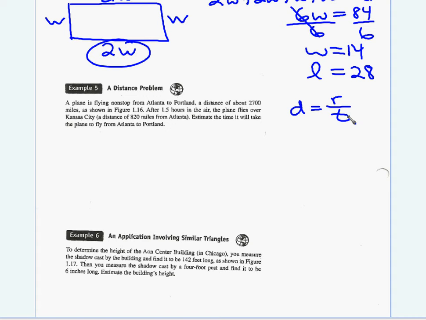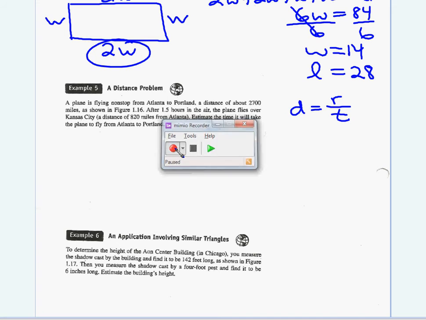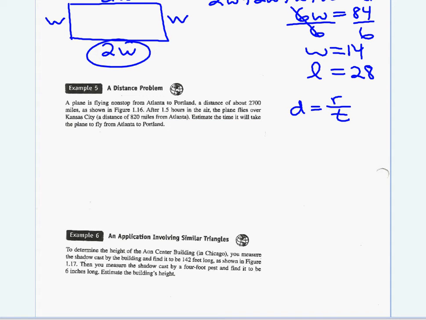Sorry about that little mistake there. I said that wrong. Rate equals distance divided by time. Now, I have some information here. I went 820 miles in 1.5 hours, didn't I?